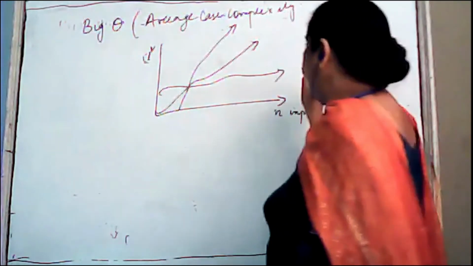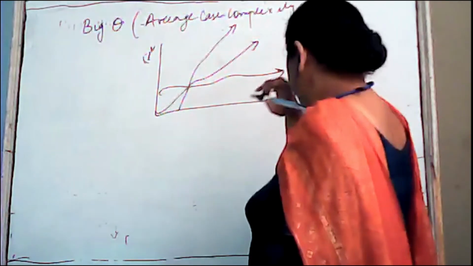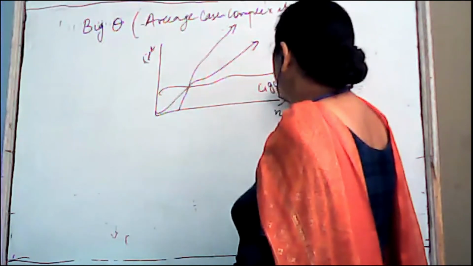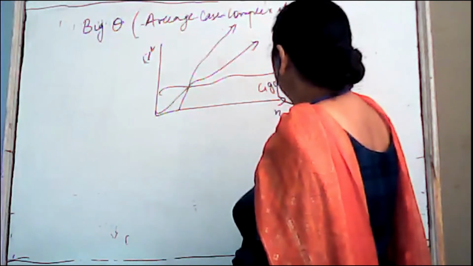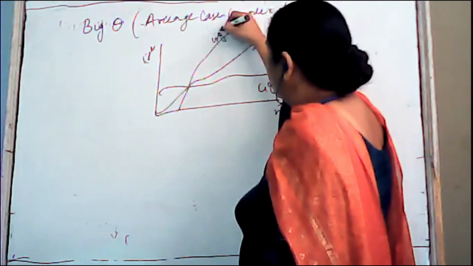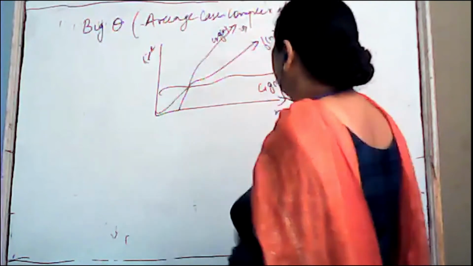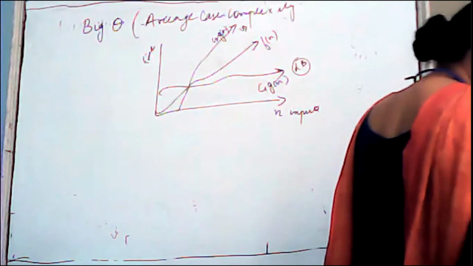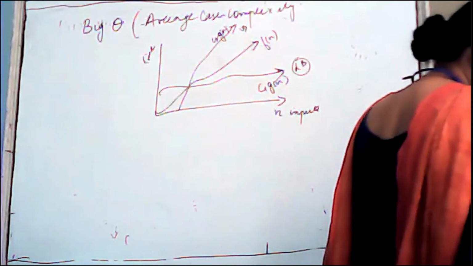So if I write here C1 of g(n), this is my lower bound, this is my function, and I will write C2 of g(n), that is my upper bound.